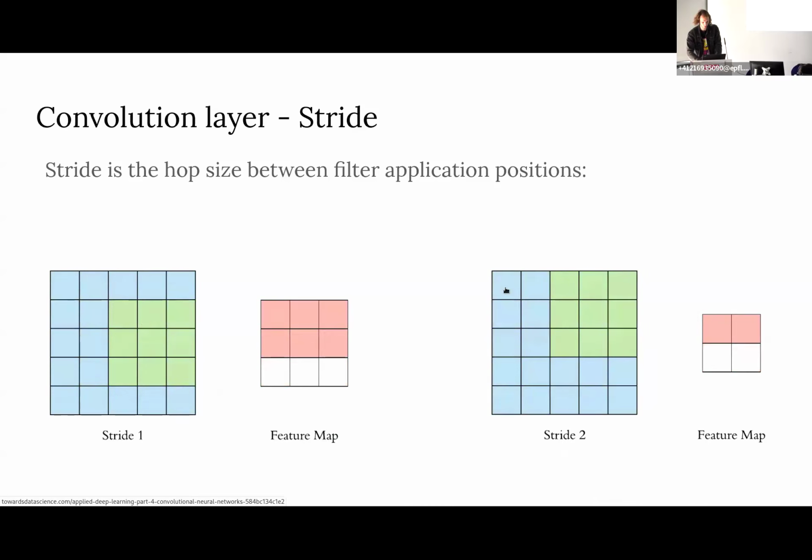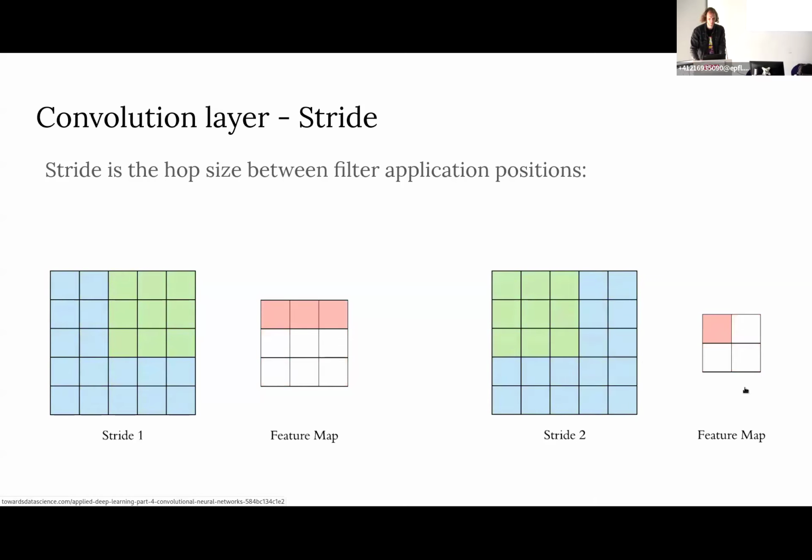So instead of going from this column to this column, we directly go to the third one. And notice that our feature map becomes smaller because of this. The size of the feature map is how many times we calculated our weighted sum with the filter. Because we increase the stride, we calculate a bit less, and our output is smaller.